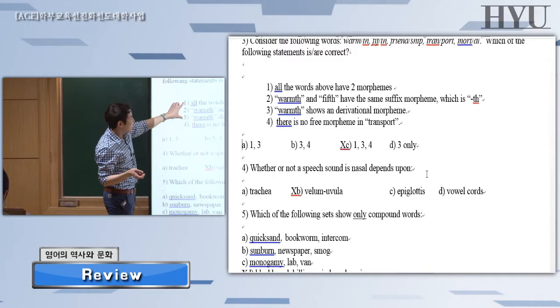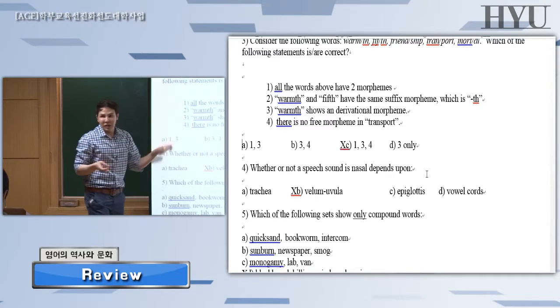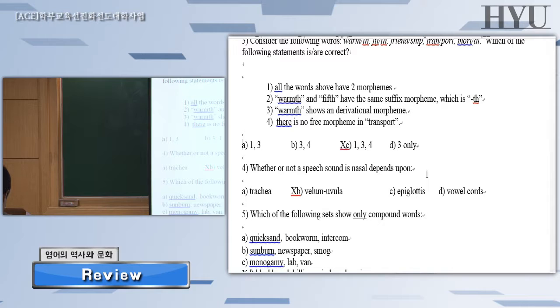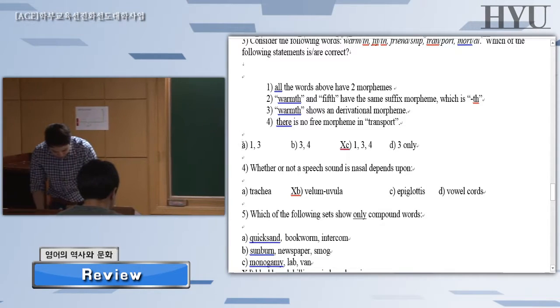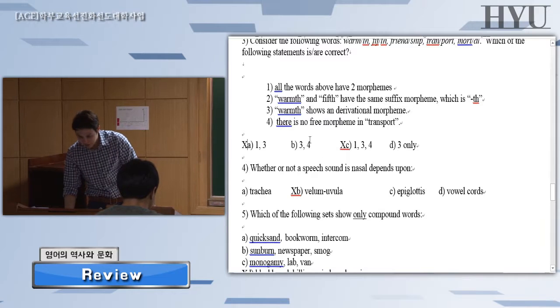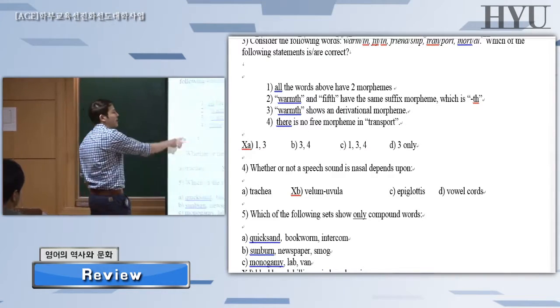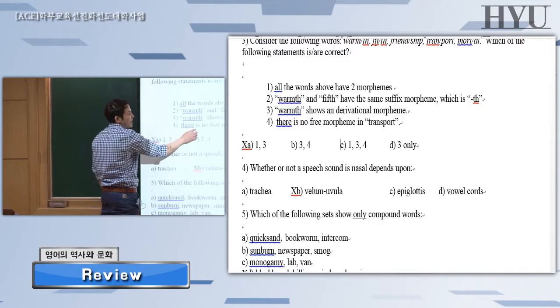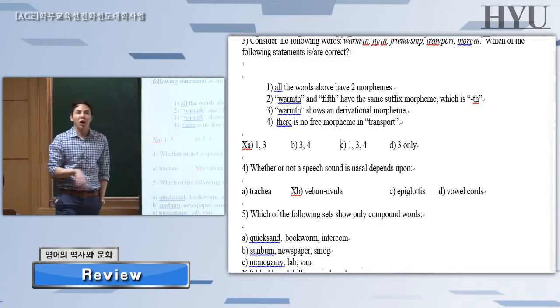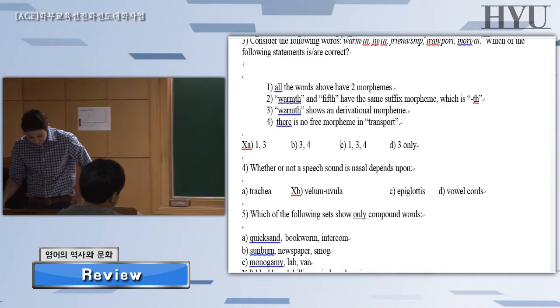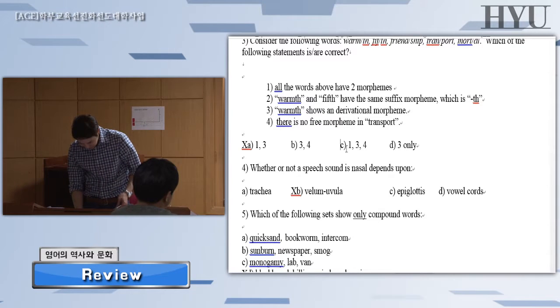So only 1 and 3 are correct. So let me back up and then say that 1, number A, is correct, okay? Because there's a free morpheme here, but it says there's no free morpheme, so it's wrong, okay?